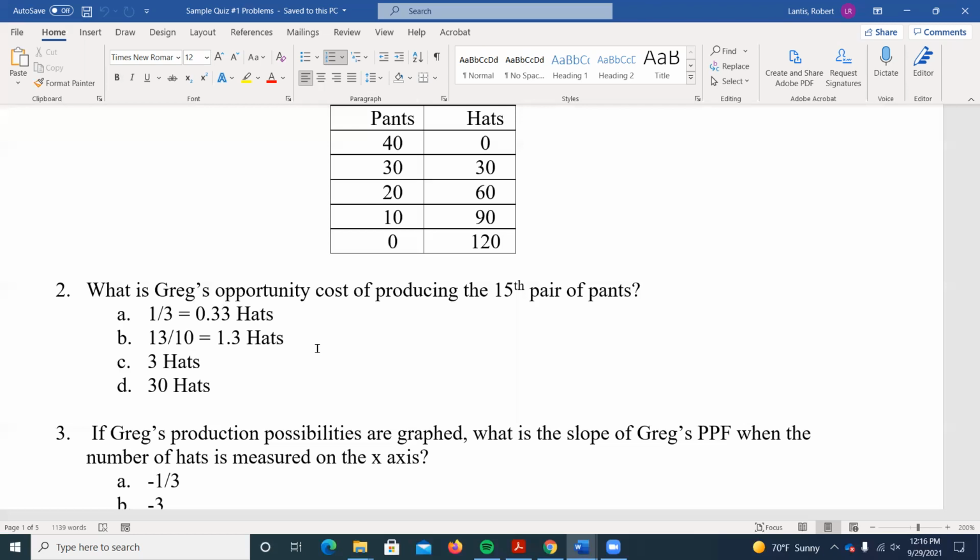Other questions on this one? If you wanted to, you could take any 2 points on this line and you're going to come up with the same slope.